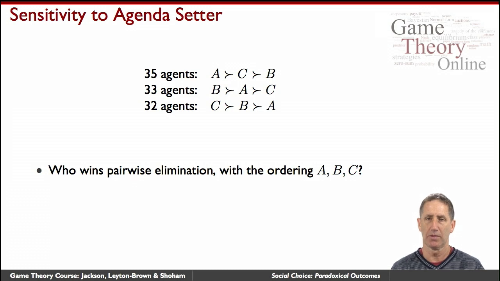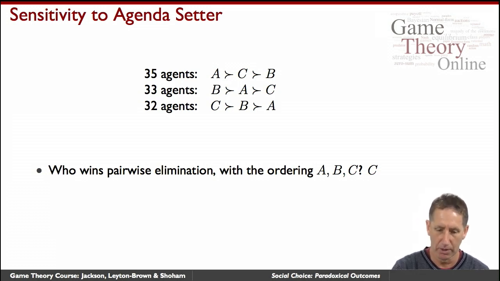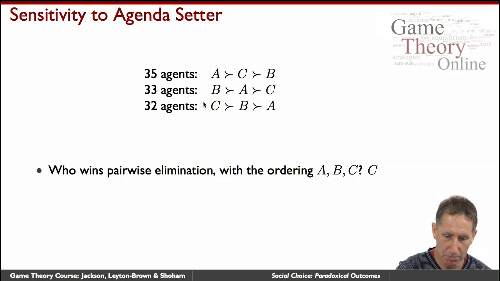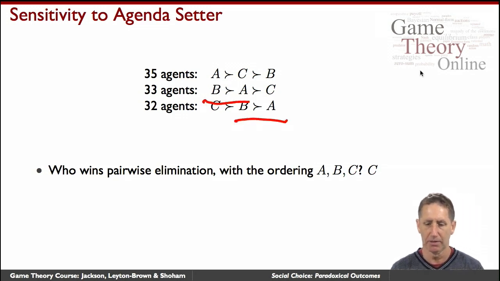So who would be the winner of this election? A good time to pause the video and think about it. Once you do, you realize that C would be the winner, because when A is compared to B, we have B preferred to A by a majority of the agents, so A would be eliminated.